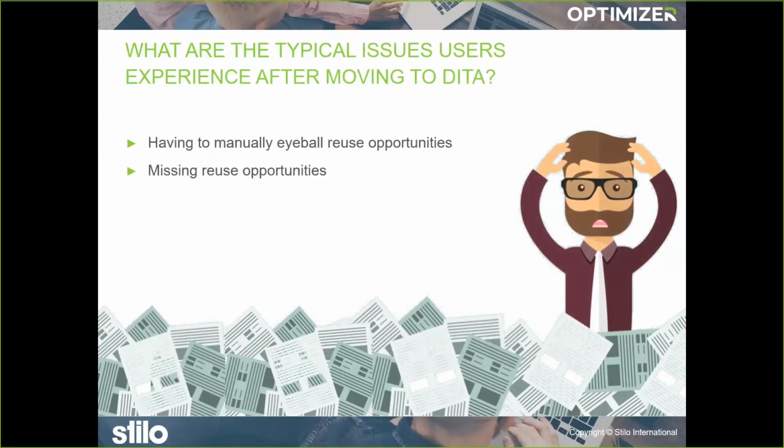And eventually, this manual eyeballing leads to many missed reuse opportunities, which in turn negatively impacts authoring productivity. And finally, users learn that content slowly becomes inconsistent over time, which becomes very problematic in highly regulated environments.